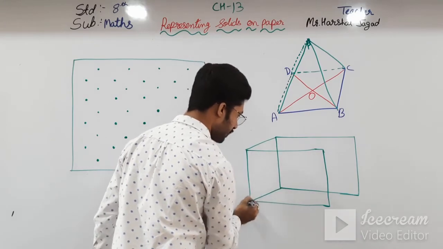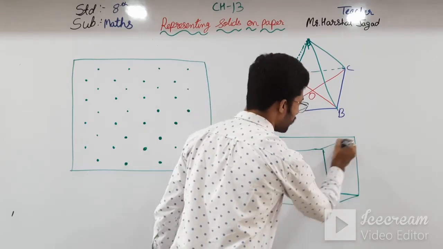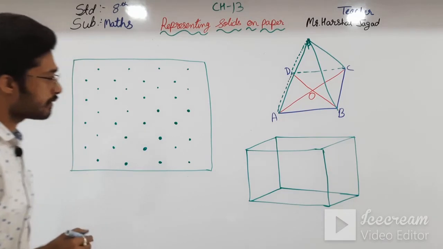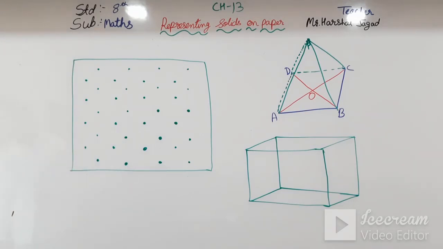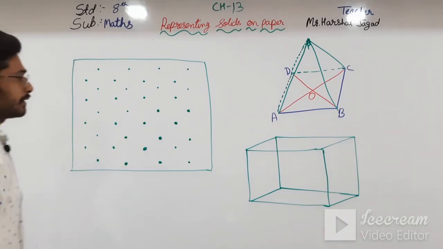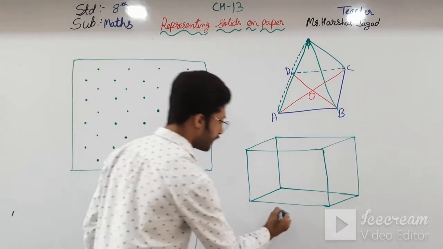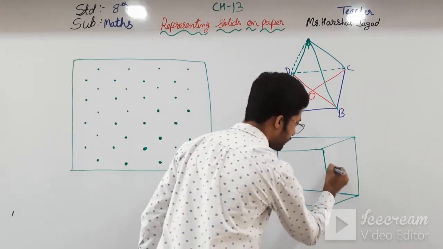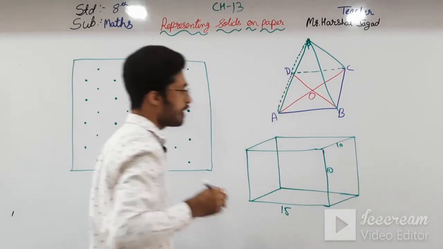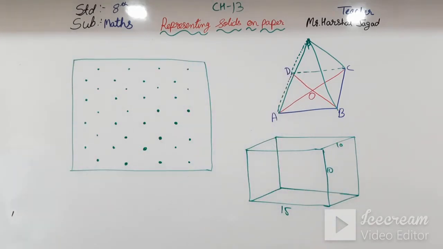Is this okay or not students? Yes, we have just drawn it like this. So here what they have given, this is 15 centimeter, this is 10 centimeter, and this is also 10 centimeter. Okay, yes, that is it.